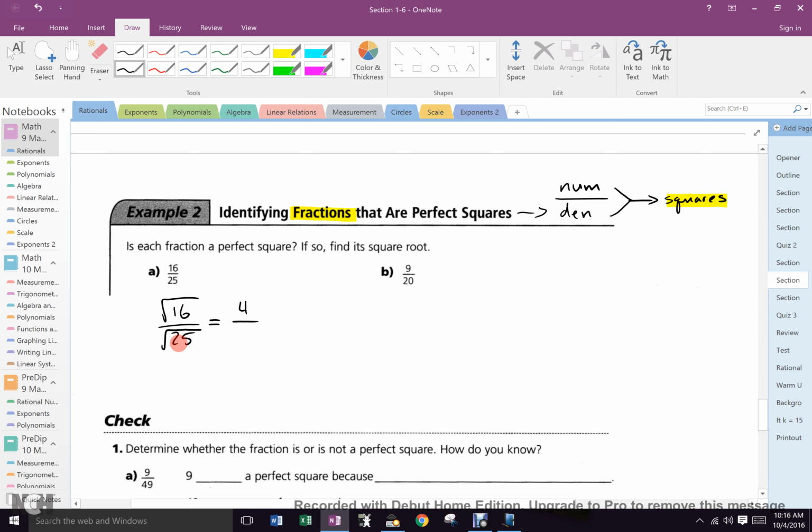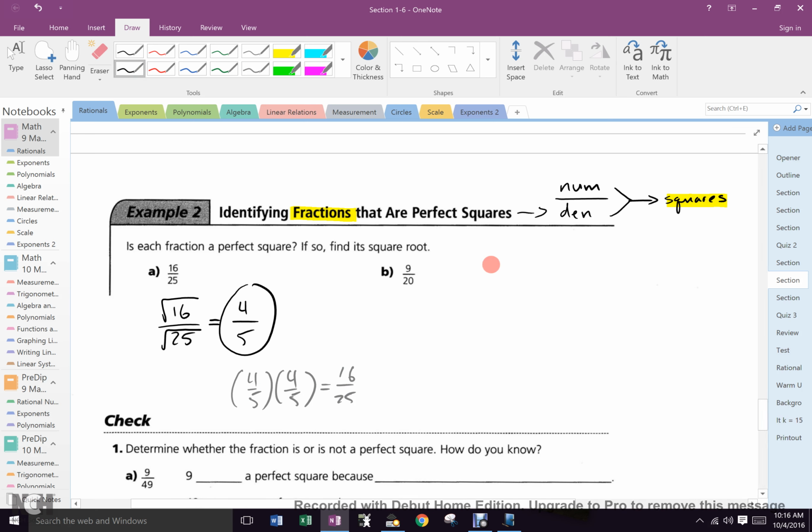So now we check the bottom one. Is there a square root of 25? What is it? 5. So that has a square root. Why? Because 4 over 5 times 4 over 5 gets me 16 over 25.